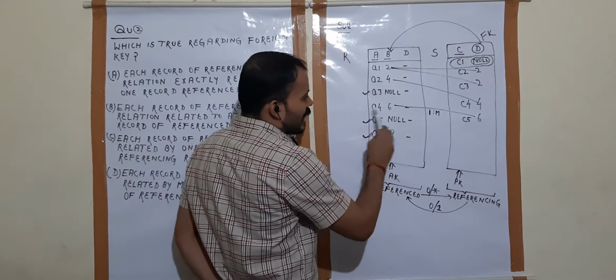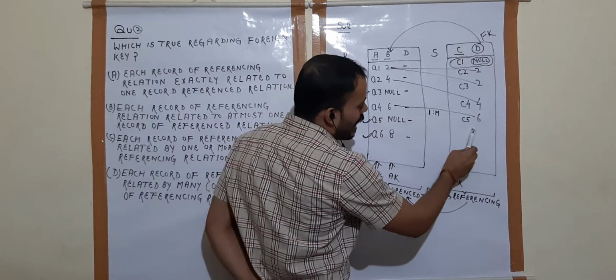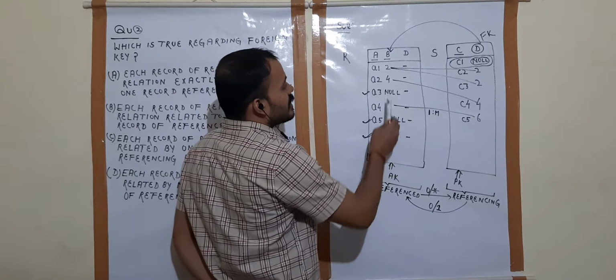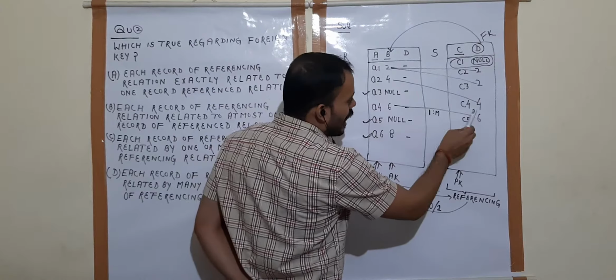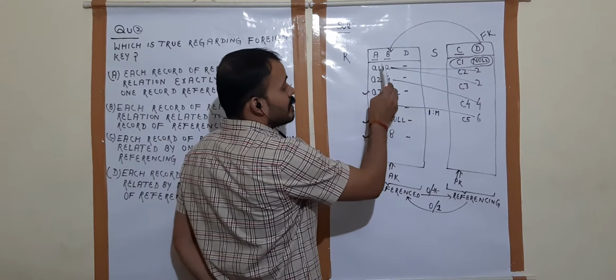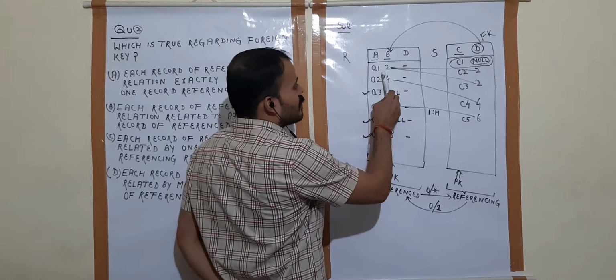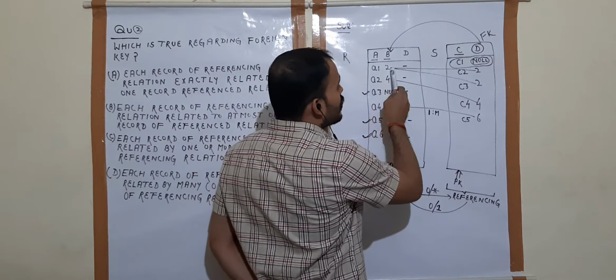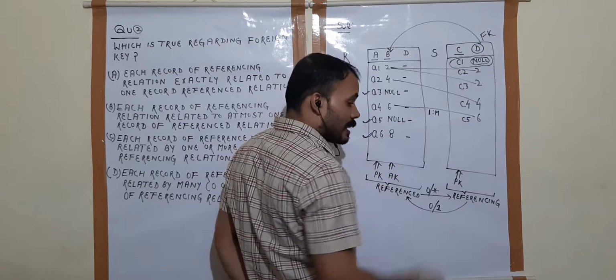This record is related with one record of the referencing relation, and this record is related with two records of the referencing relation.